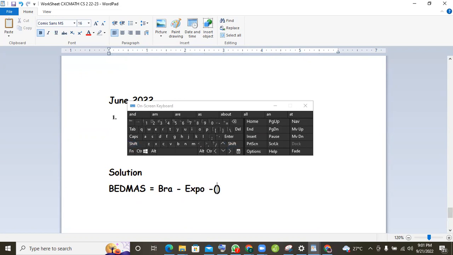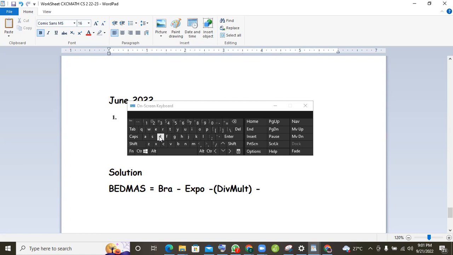and division and multiply are interchangeable. You can do multiply before division, you can do division before multiply, which is why it's also written as BEMDAS.